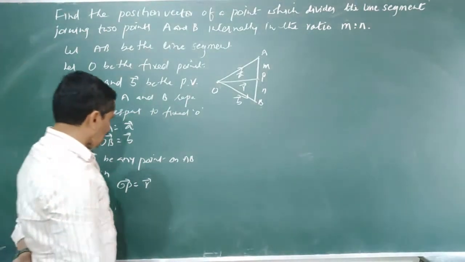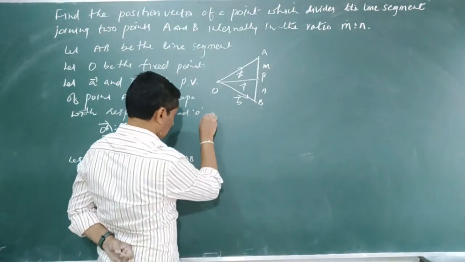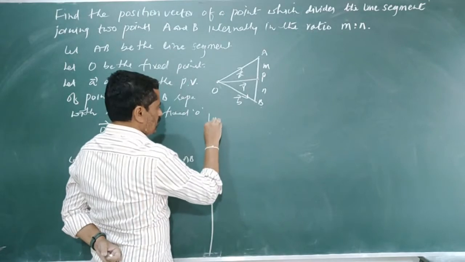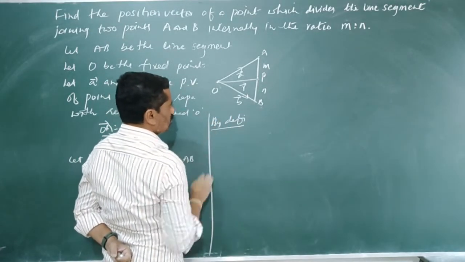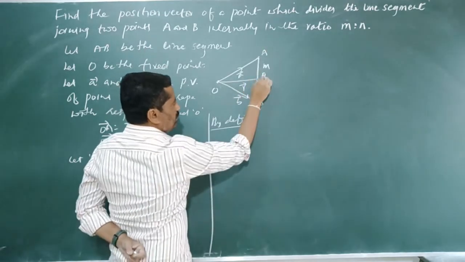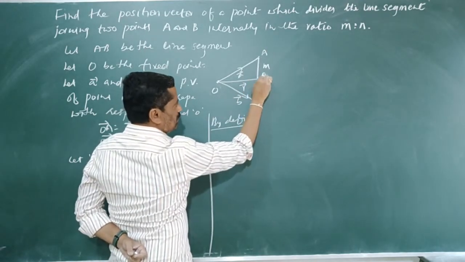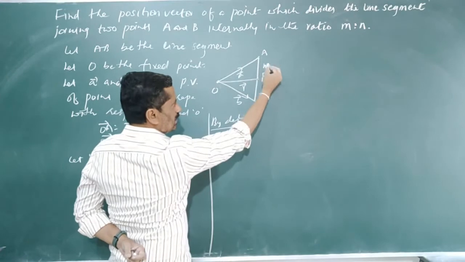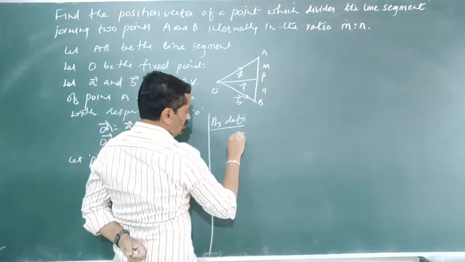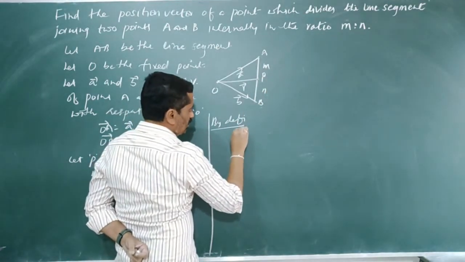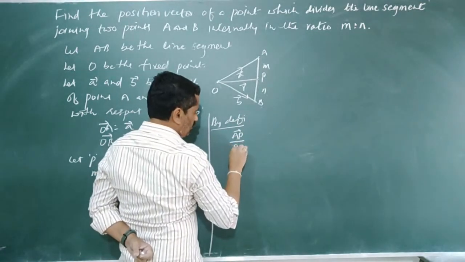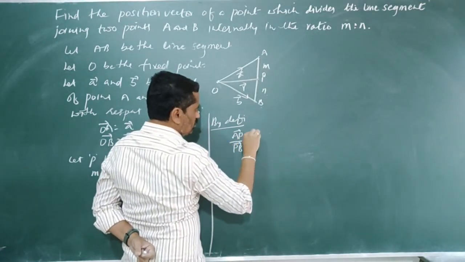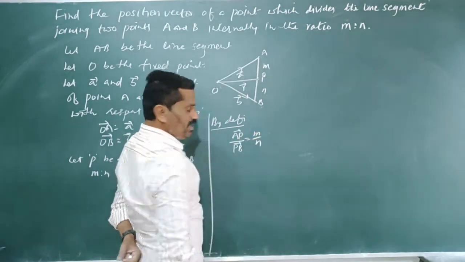Again here by the definition, we have AP bar divided by PB bar is equal to m by n.